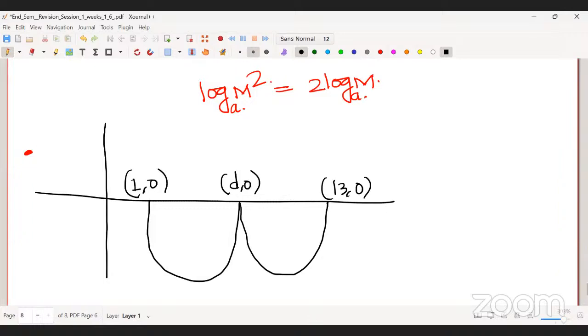The leading term is positive. This is P of x and this is Q of x.